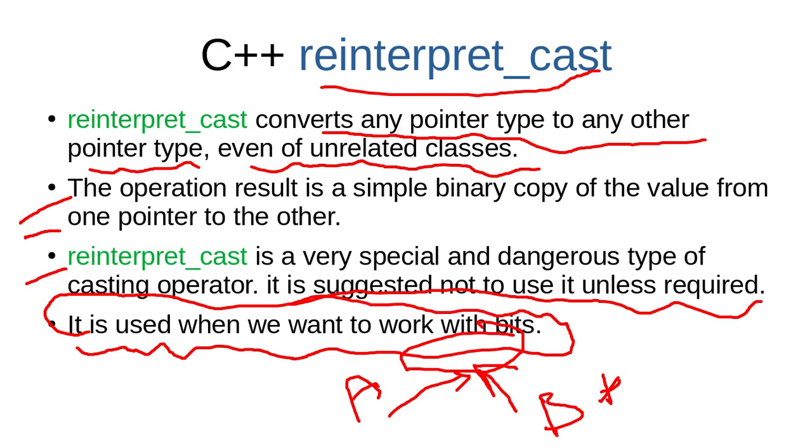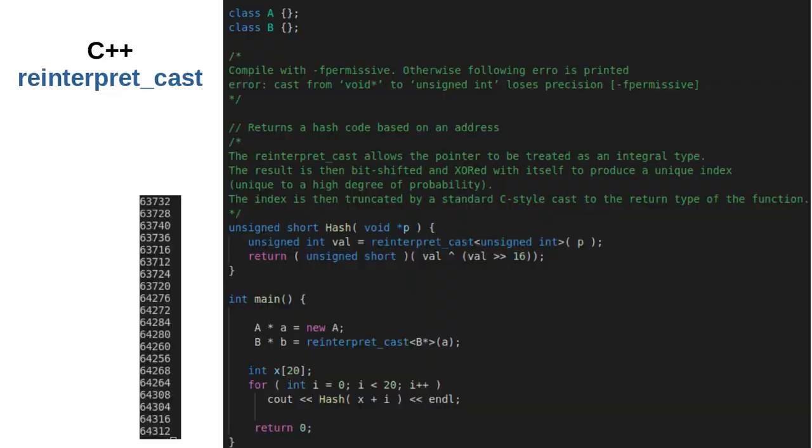This is very risky because A and B are completely different objects, and reinterpret cast still can do this casting, but it's useful in some cases, like if I want to deal with the bits and I want to see if the implementation on the machine is little endian or big endian.